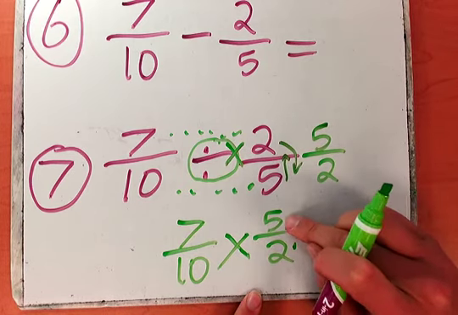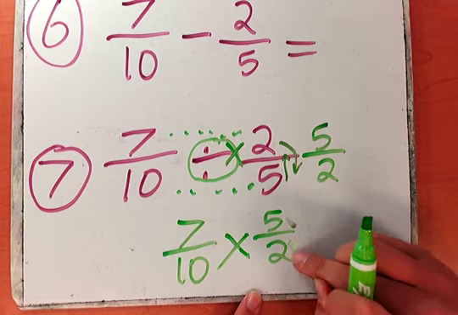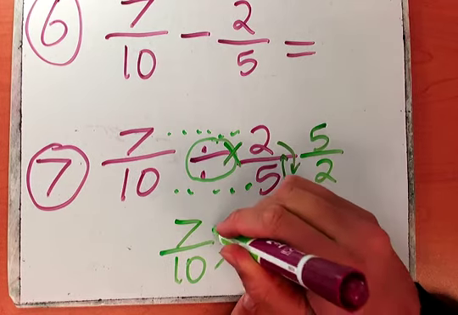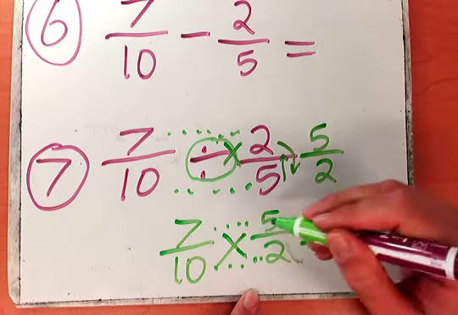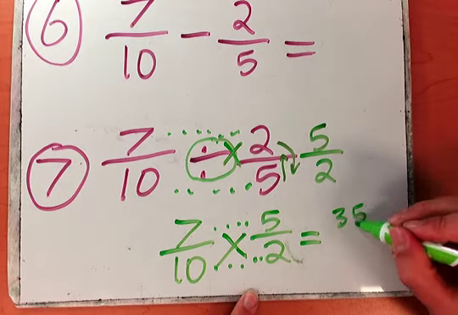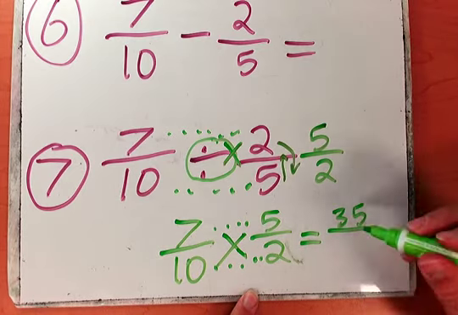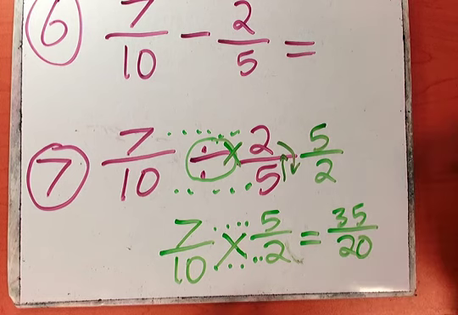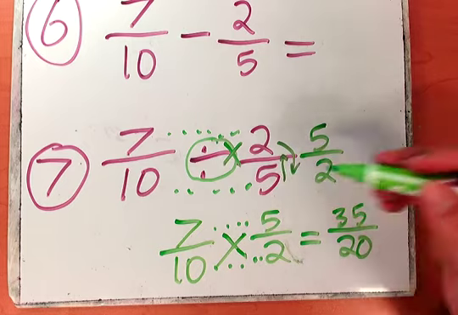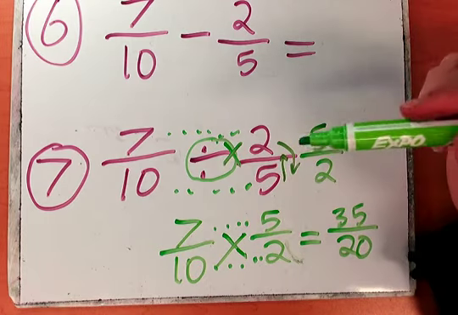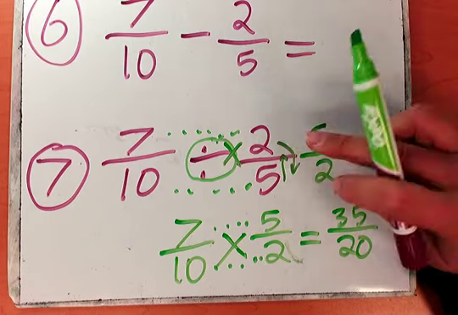You put the top on the bottom and the bottom on the top, and then you just multiply like you would have anyways, straight across. 7 times 5 is 35. 10 times 2 is 20. 35 over 20 is the answer to this one. Division is almost exactly the same as multiplication, but you just flip it.